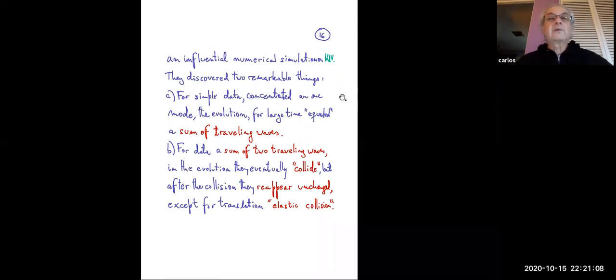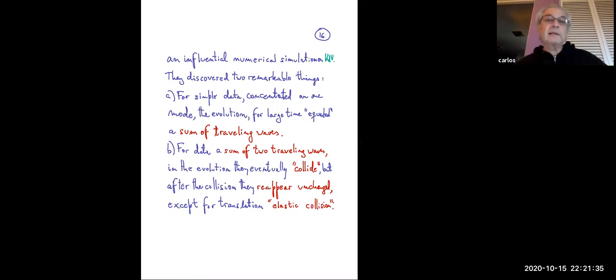In a simplified way, what they discovered were two remarkable things. The first is that if you solve the Korteweg-de Vries equation with data concentrated in one Fourier mode, then the evolution for large time was just a sum of traveling waves, at least numerically.